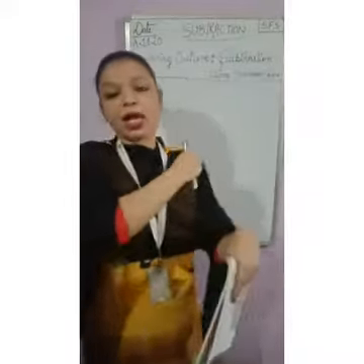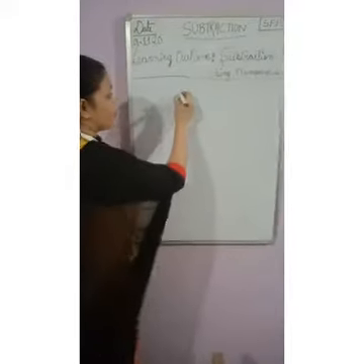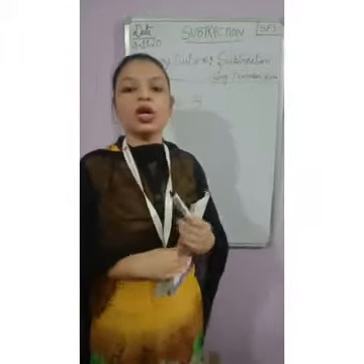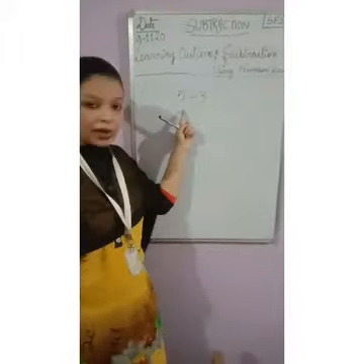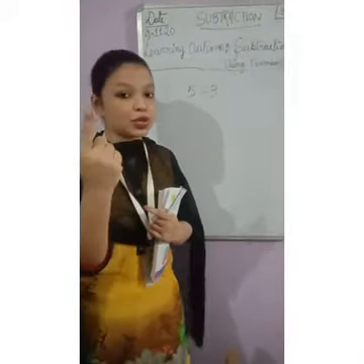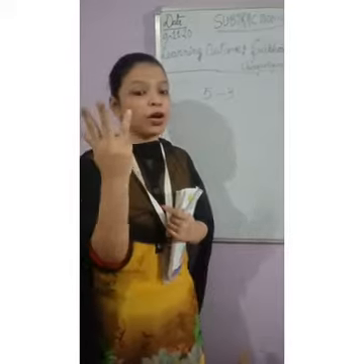If I have to subtract 5 minus 3 using our fingers, how will I do that? Which is the bigger number here? 5. So how many fingers will I keep open? 1, 2, 3, 4, 5.